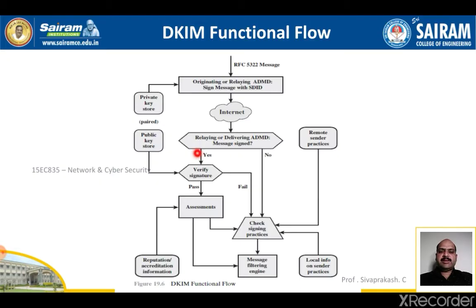Then the module verifies the signature or determines whether a particular signature was required. This verification uses the public information from the public key store. If the signature passes, then reputation information is used to assess the signer, and the information is passed to the message filtering system. If the signature fails, or there is no signature using the author domain, information about signing practices related to the author can be retrieved remotely and/or locally, and the information is passed to the message filtering system.